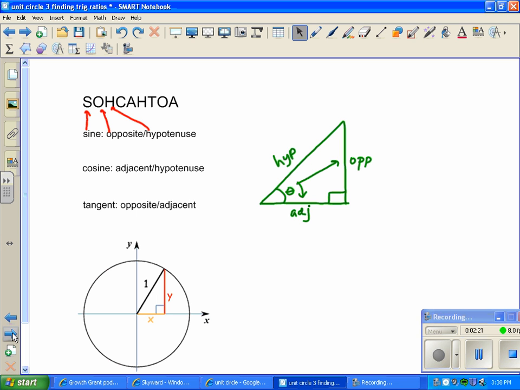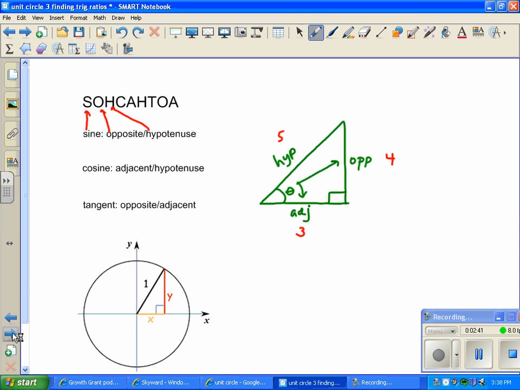So if you were going to write a fraction of the three side lengths of a right triangle, let's say, now this is not really drawn to scale, but let's say this is 3, 4, and 5. For one, all three of those side lengths must work in the Pythagorean theorem. So 3 squared plus 4 squared equals 5 squared.